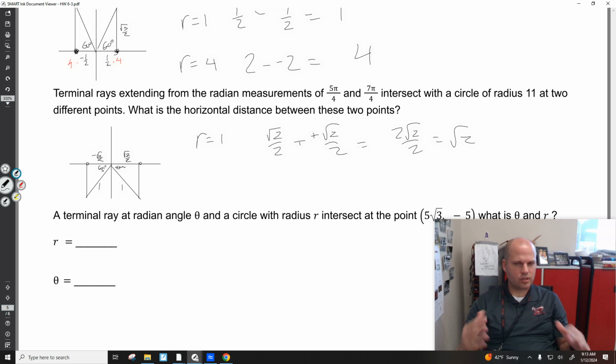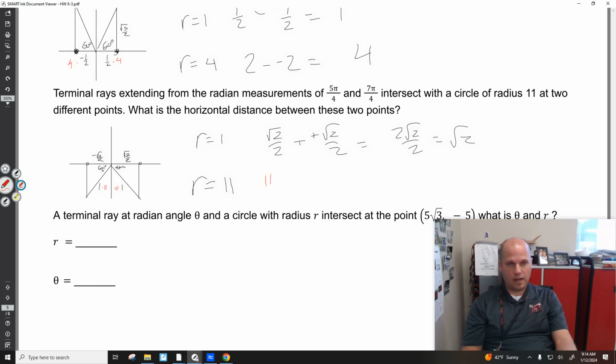There's other ways to do this. I'm certain of it, using like the Pythagorean theorem or stuff like that. This is good. Fine. If the radius was 11, we will take all of our side lengths and multiply them by 11.